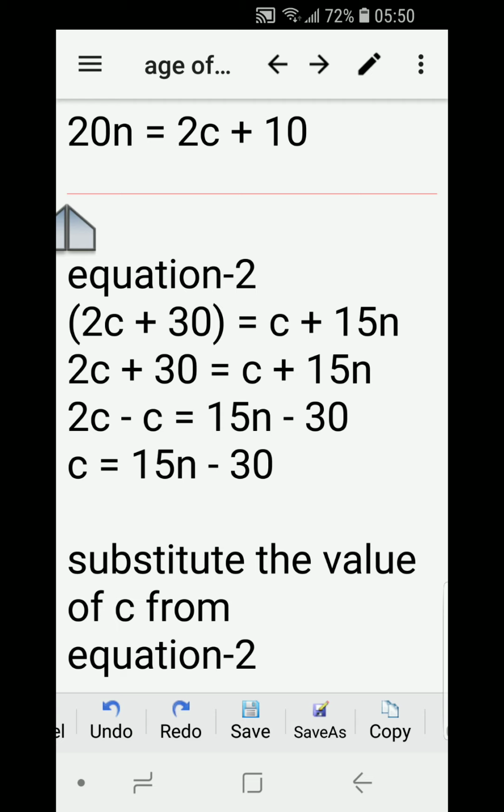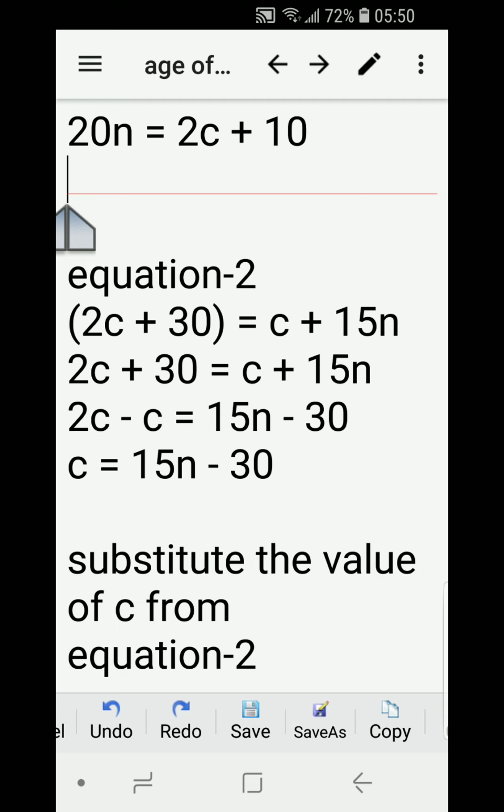So that's why we get 2c plus 30 equal, as it says in the given, c plus 15n. n is the number of children, so we multiply by 15 to add 15 to all the children.